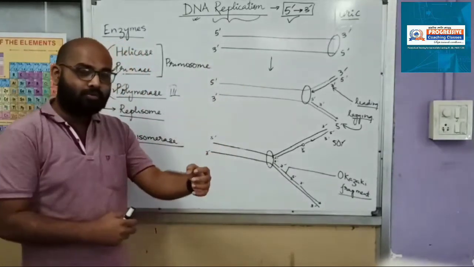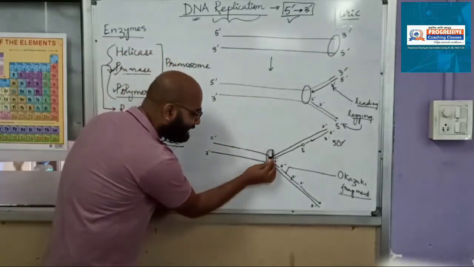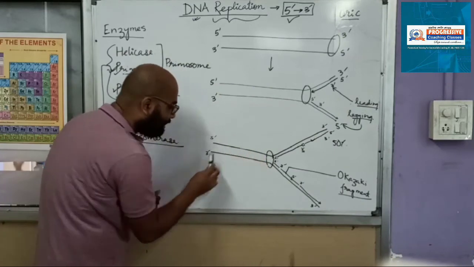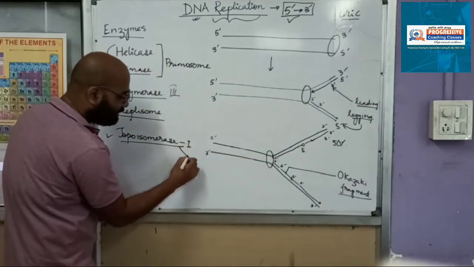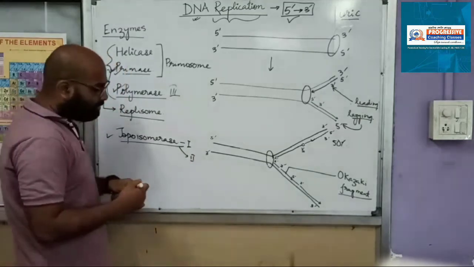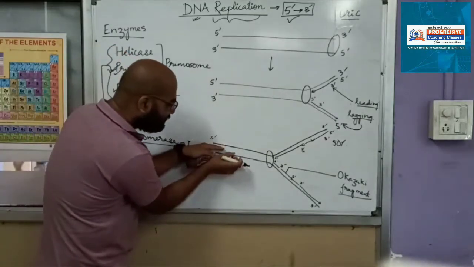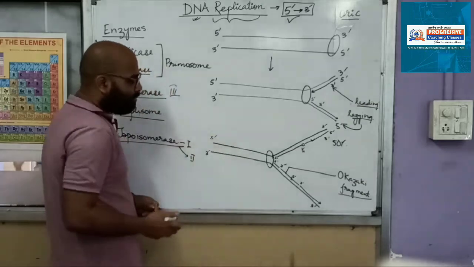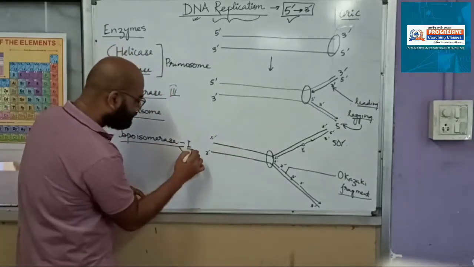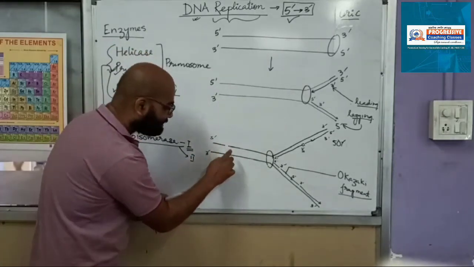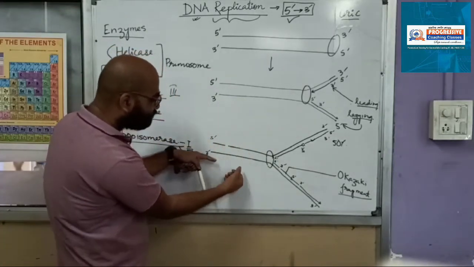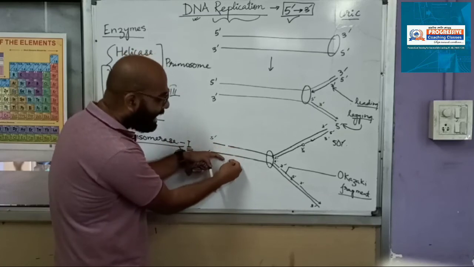So to remove that supercoiling so that helicase can freely move in this direction, there is the enzyme topoisomerase 1 or topoisomerase 2. What was one doing when, suppose, these two were tangled more? Topoisomerase 1 is going to cut one strand and swivel the two ends to the other side.